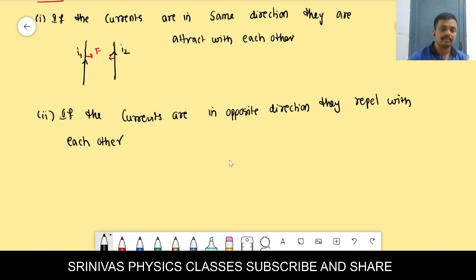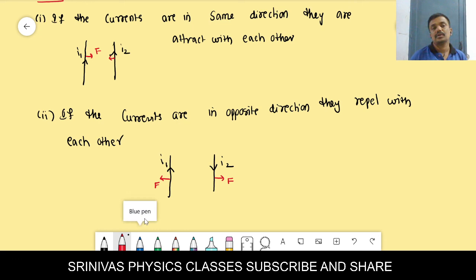How will it be? I1 is upward, I2 is downward, then they repel each other, right? They are pushed away from each other like this. Okay, but in both the cases, right, the formula is the same.